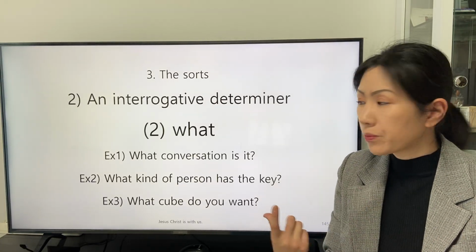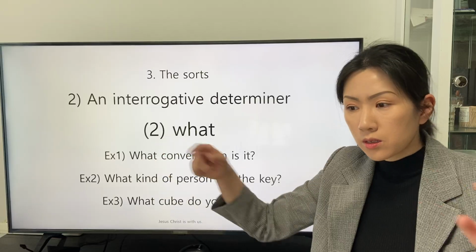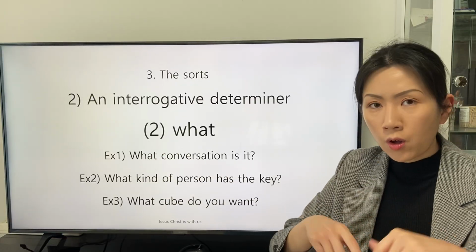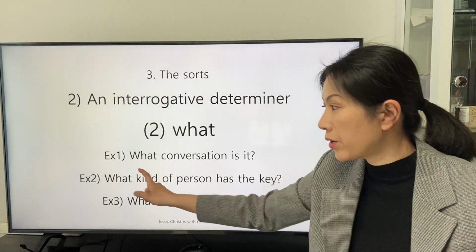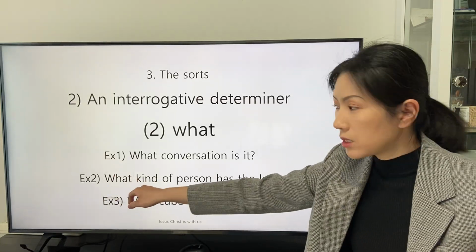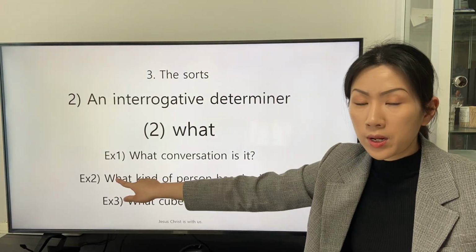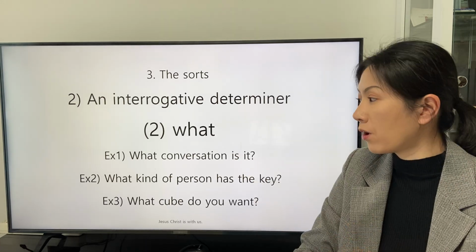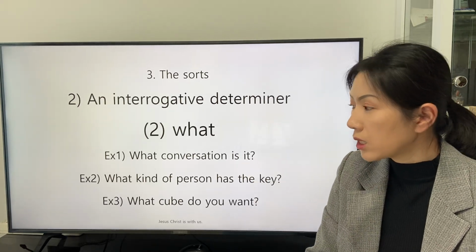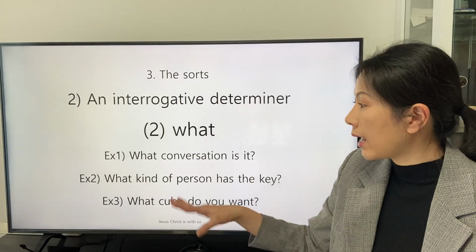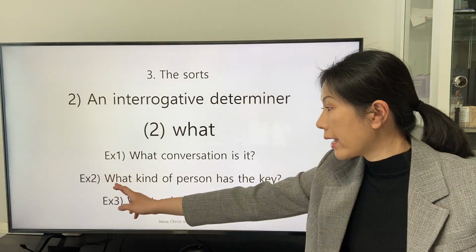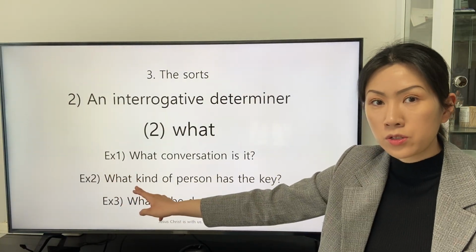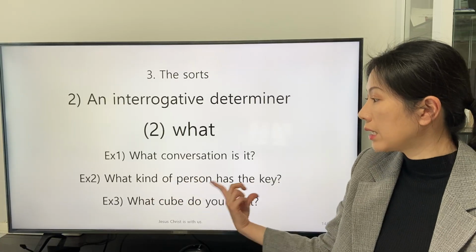The speaker sets a phrase of a noun kind with the interrogative determiner what. So two words, what kind, form a phrase of a noun. And this phrase of a noun has the role of the subject in this clause.